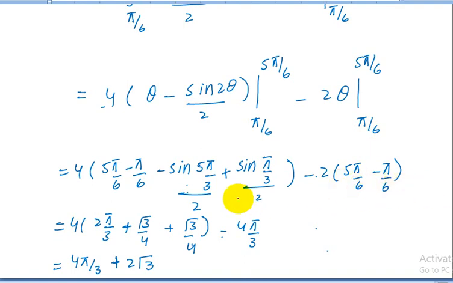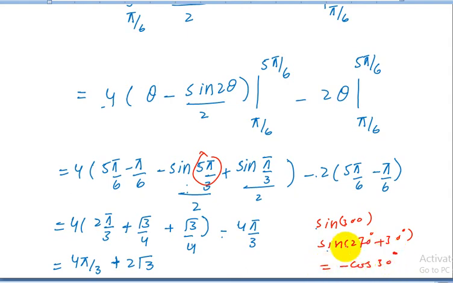After some calculation, sine 5 pi by 3 is sine 300 degrees. Sine 300 can be written as sine of 270 degrees plus 30 degrees. It becomes minus cos of 30 degrees.